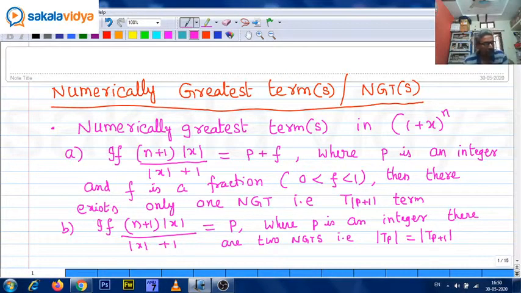Both are equal. The pth term and the (p+1)th term we need to find out. Right.